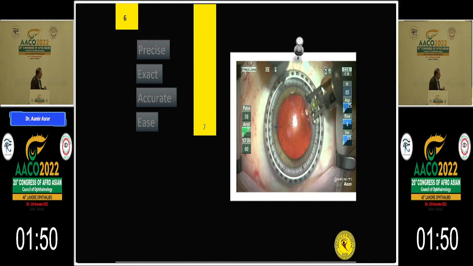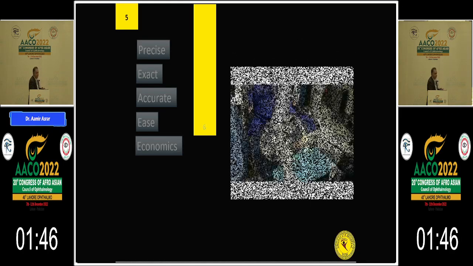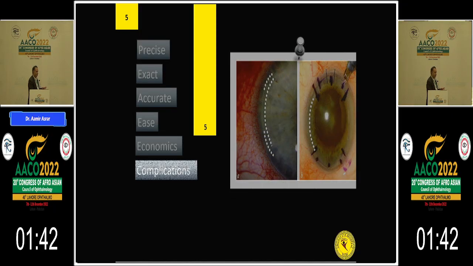The other thing we found was the economics. If we deal with a toric lens, it becomes a little more expensive, and if we go with the femtocataract, it is a built-in solution, so although femtocataracts are not very economically feasible, we do not get an extra cost of putting in a toric IOL.